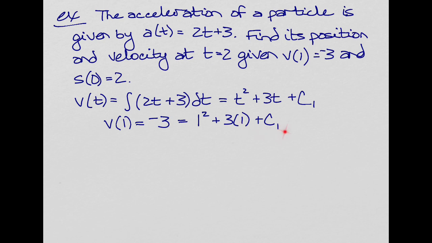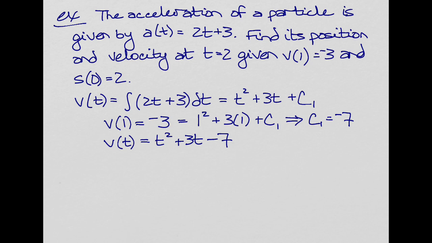If I want to solve for C1, I'm going to subtract 4 from both sides and get C1 is -7, which means now I know my velocity function is the particular antiderivative, t squared plus 3t minus 7. That's what's going to satisfy that initial condition.